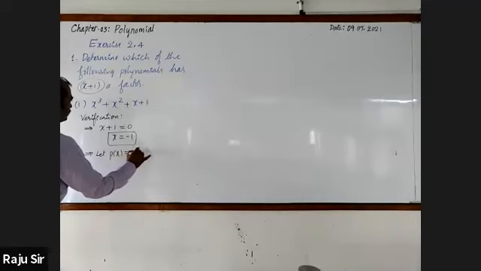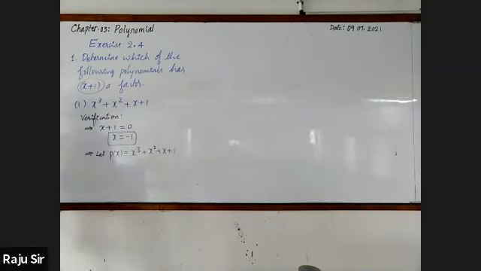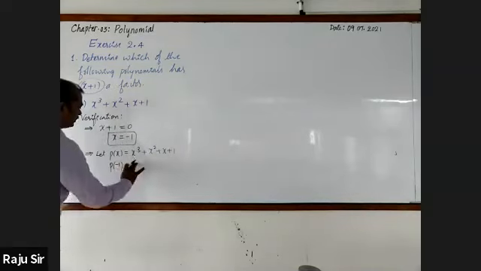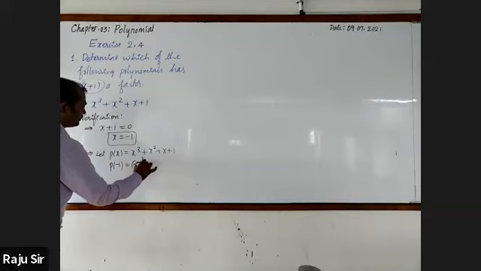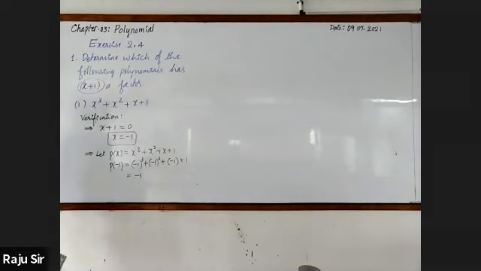Then assume the given polynomial as p of x, which is equal to x cube plus x square plus x plus 1, and substitute -1 in place of x. p of -1 is (-1) whole cube plus (-1) whole square plus (-1) plus 1. (-1) whole cube is -1. (-1) whole square is +1.